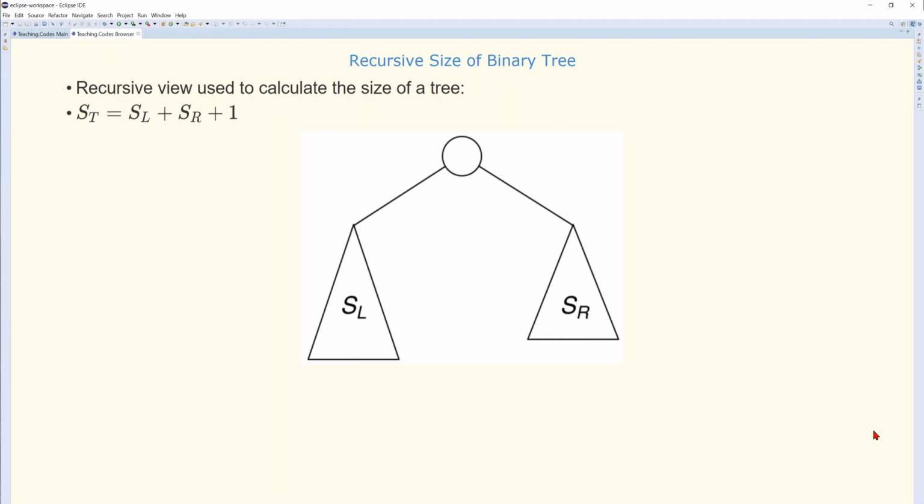And you can find the sizes of the left and right subtrees in a recursive manner this way. Because finally, if you make it smaller and smaller, at some point it will be left with only one leaf node, which will be 1, and from there you can come back and find these values.